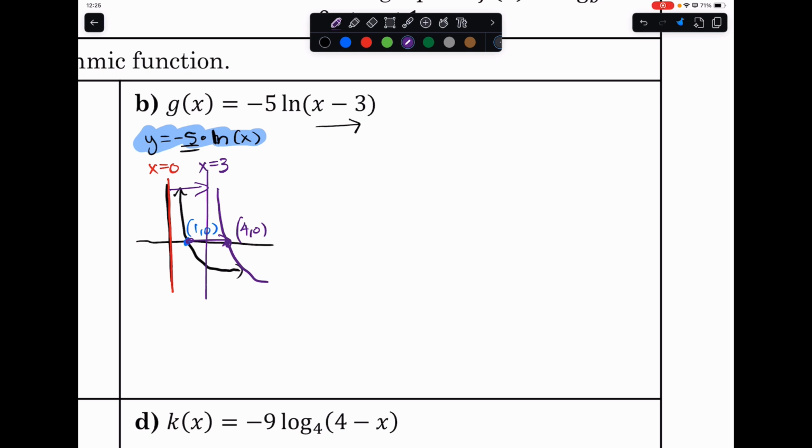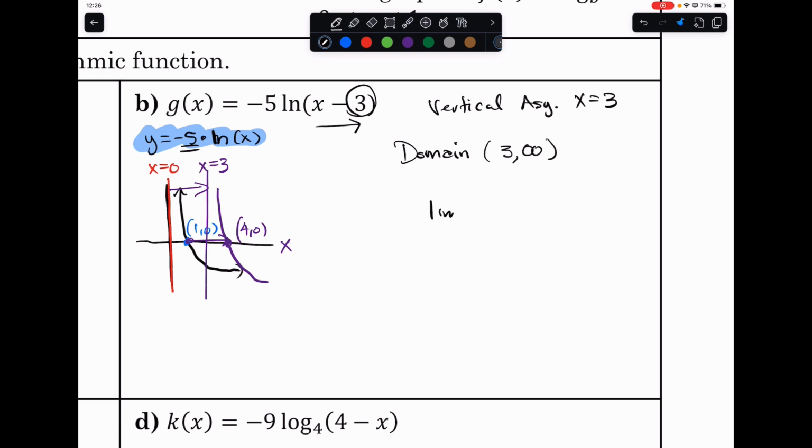So that would be our x-intercept. So the domain of this, because of this horizontal shift, well, let me first write the vertical asymptote. The vertical asymptote is at x equals positive 3, and the domain is now going to start at the vertical asymptote, 3, and go to positive infinity.